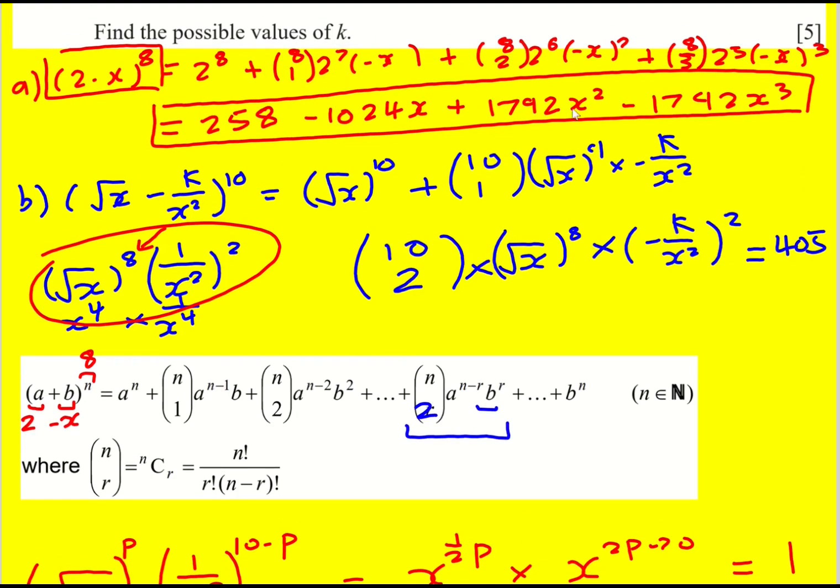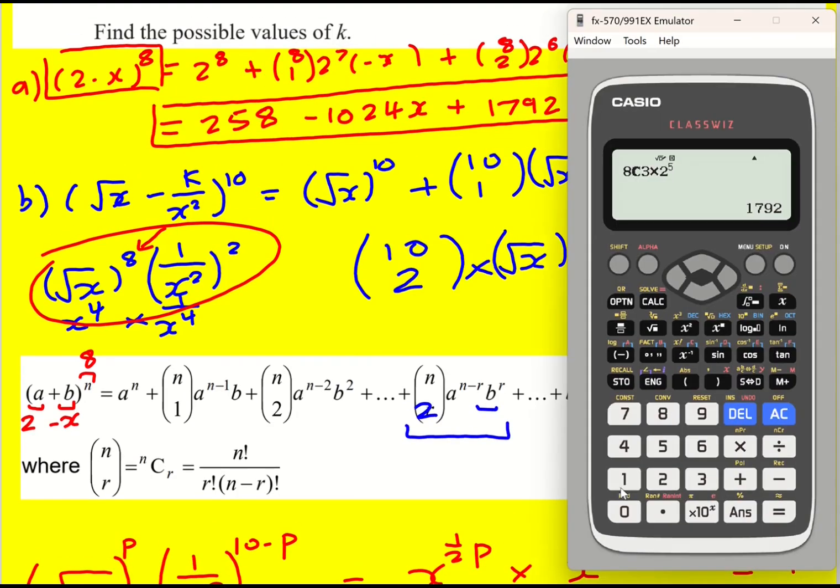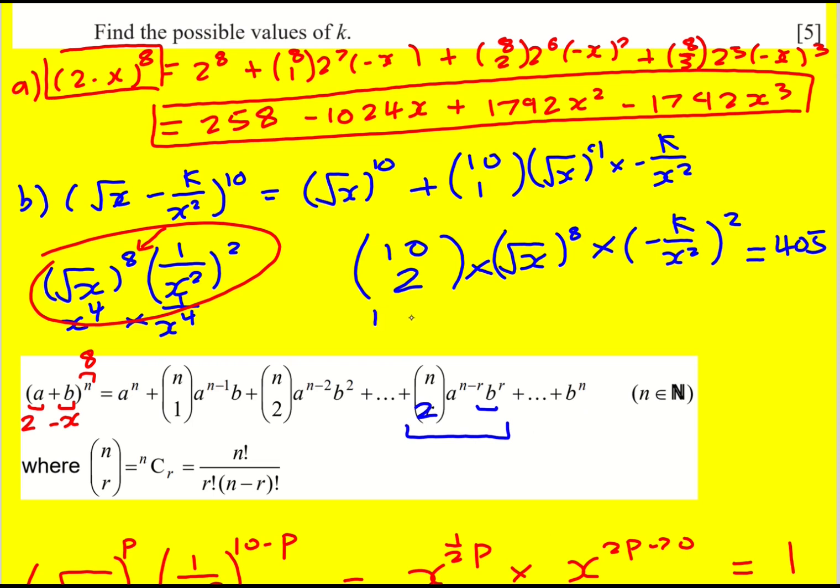Okay, let's finish this off. So 10 choose 2 is 45. So 45 x to the 4 times k squared over, remember the negative just disappears when I'm squaring it, over x to the 4 is equal to 405. So the x's cancel, there we go.